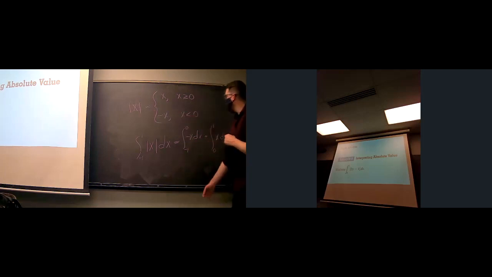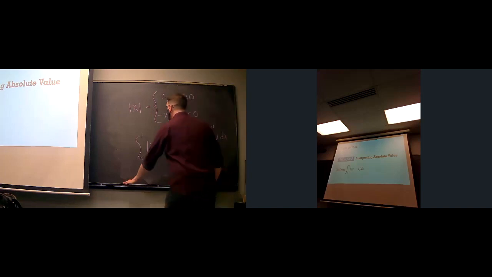And now we can integrate. Because of symmetries, this is going to turn into 0, but to give you an idea of how we're going to approach this problem, we first need to understand this.